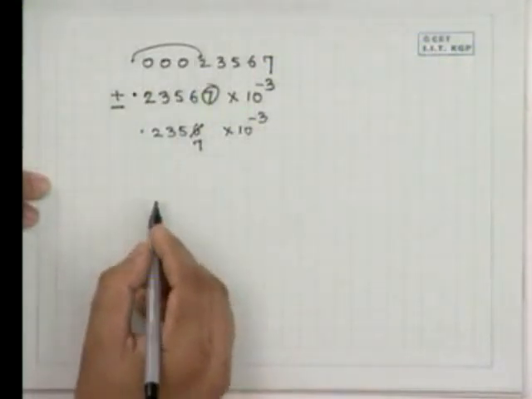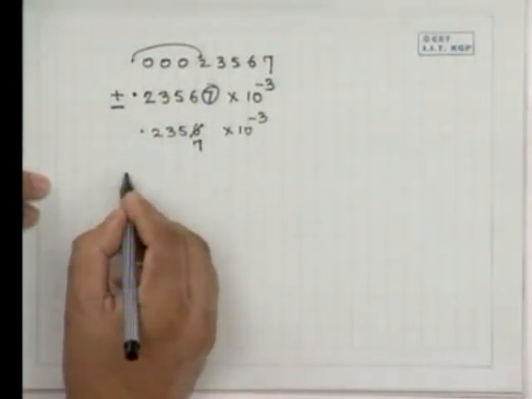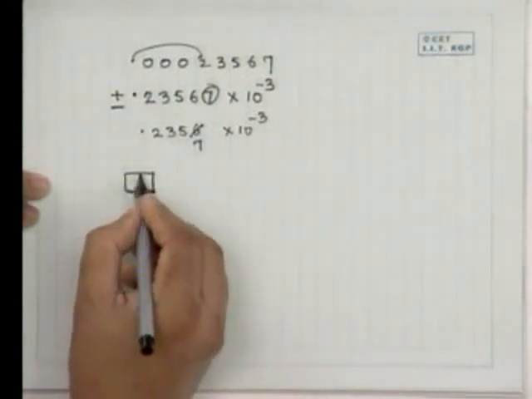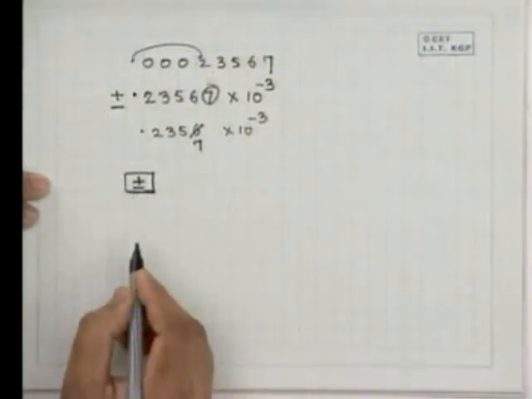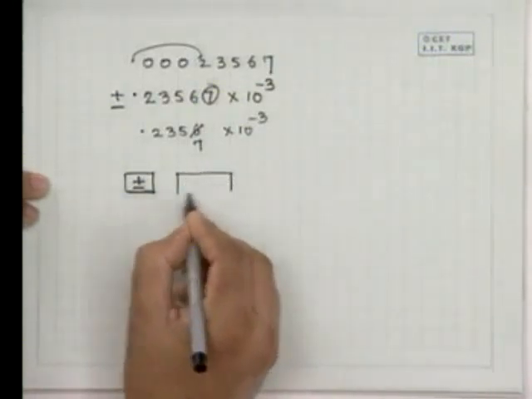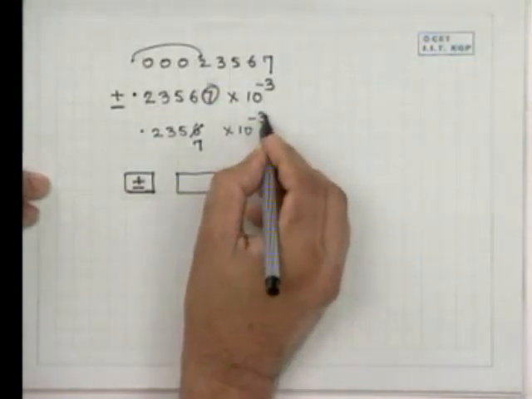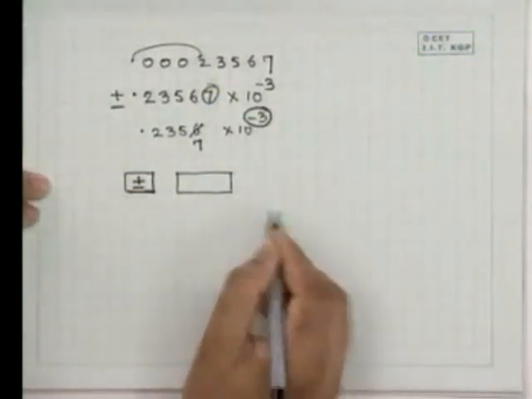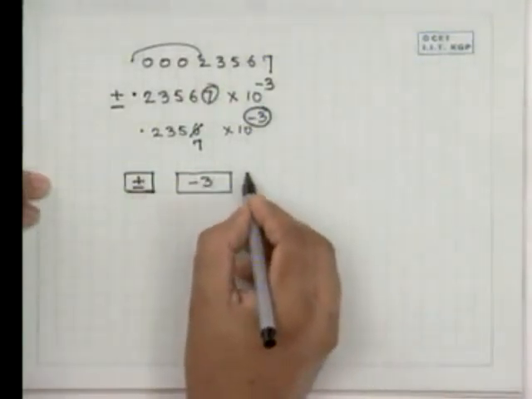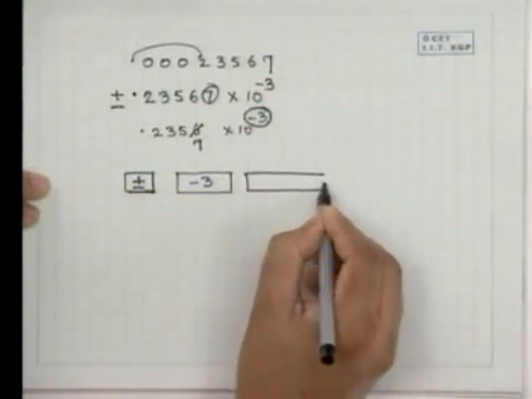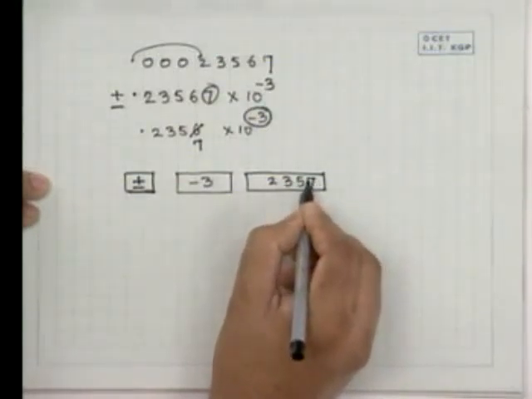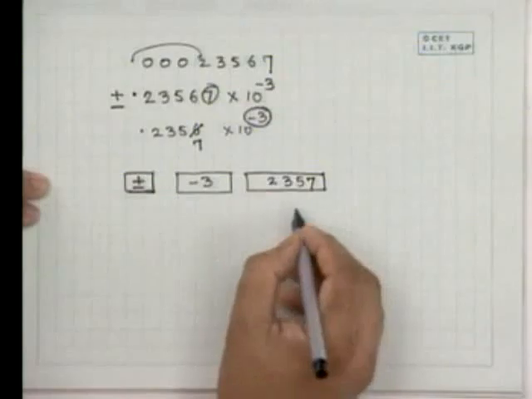Therefore, in the case of normalized representation, we can think of it this way: if you want to keep one position for the sign, which is either plus or minus, then there will be a few positions for what we call the exponent, say minus 3 is the exponent here, and then there will be a few positions, say 2, 3, 5, 7, to keep what we call the mantissa.